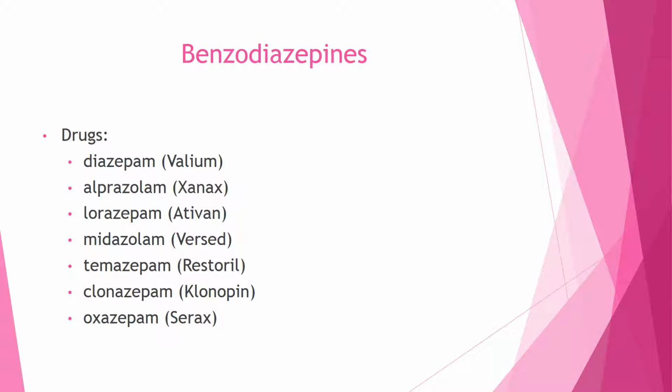So the drugs we have are diazepam, lorazepam, alprazolam, midazolam, temazepam, clonazepam, and oxazepam, of which Restoril and the Serax are the ones that we use most of the time for sleep.